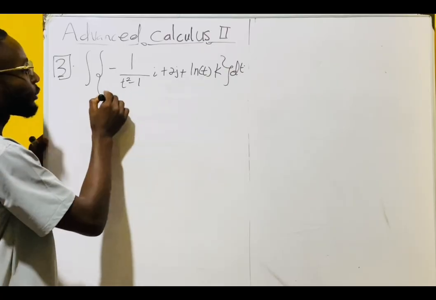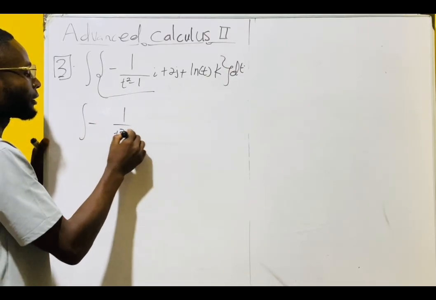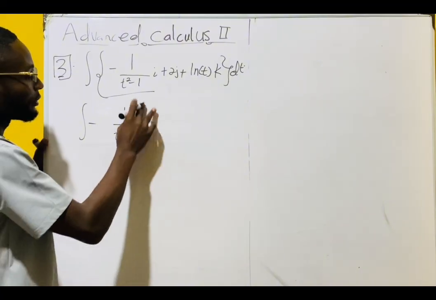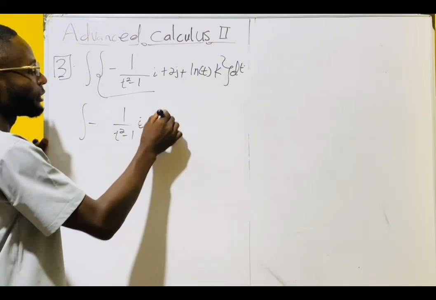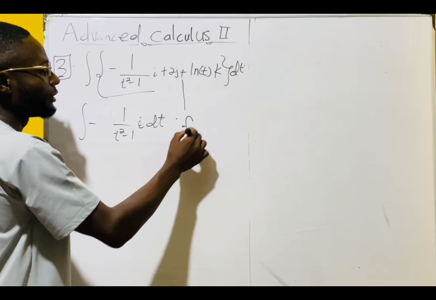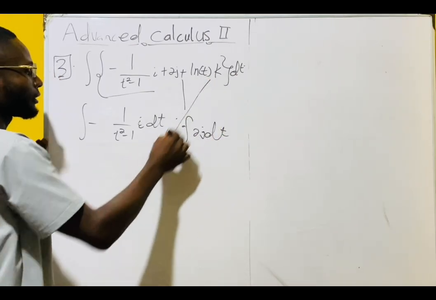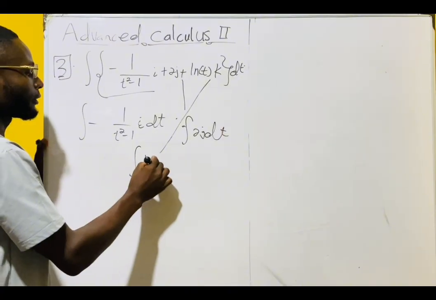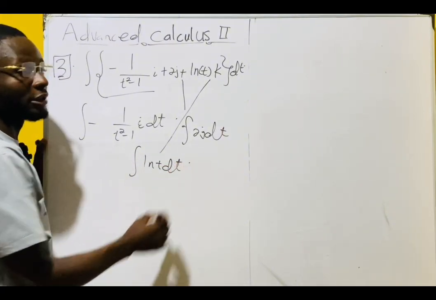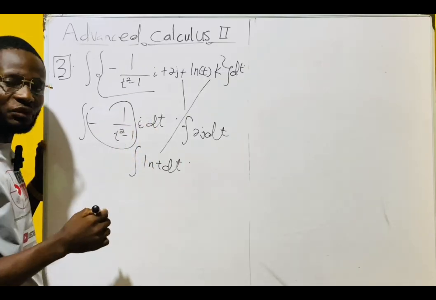So you pick the i component, integrate. So pick this, integrate with respect to t, pick this, integrate with respect to t, pick this, integrate with respect to t, right?